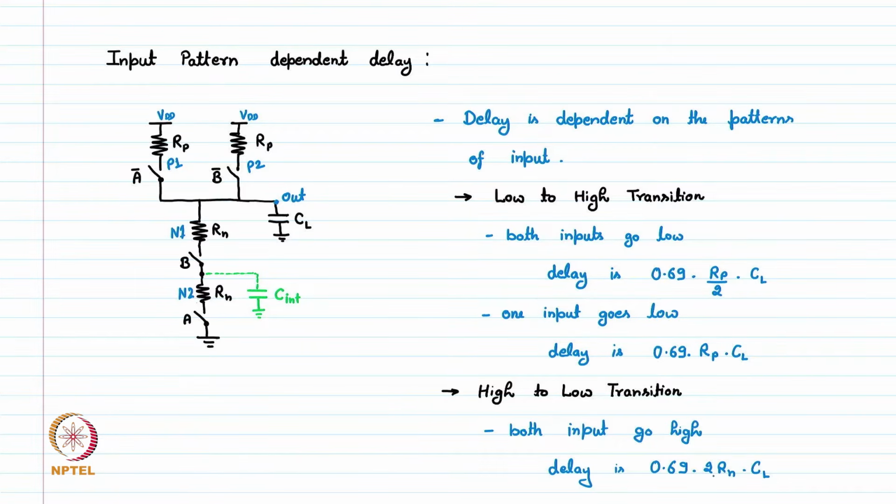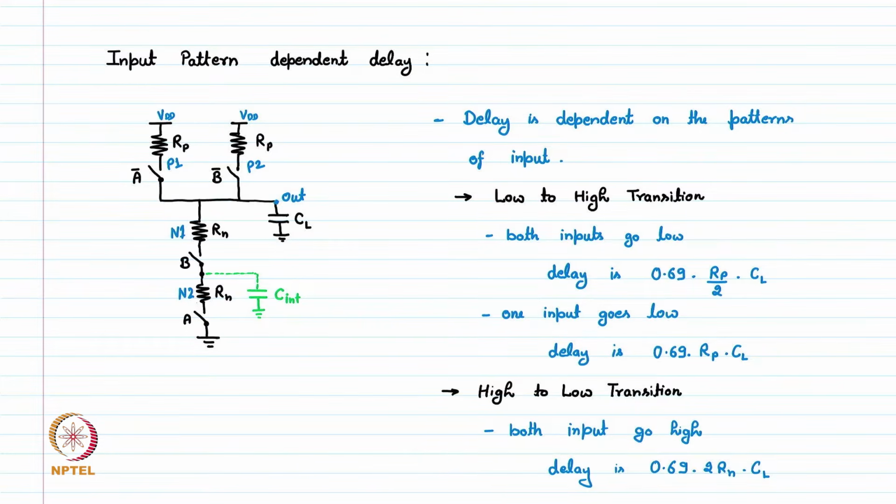The effective resistance is 2Rn because Rn for N1 and Rn for N2 are in series, so the effective resistance is Rn plus Rn, which is 2Rn.